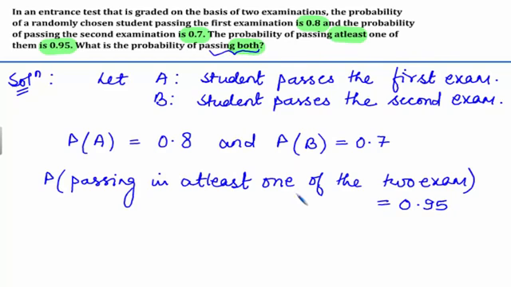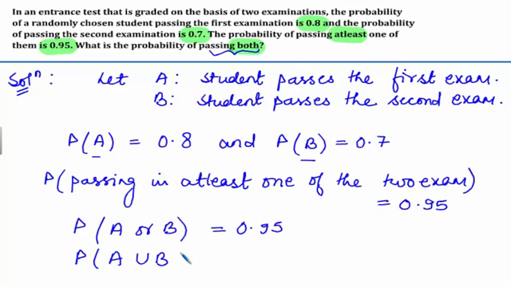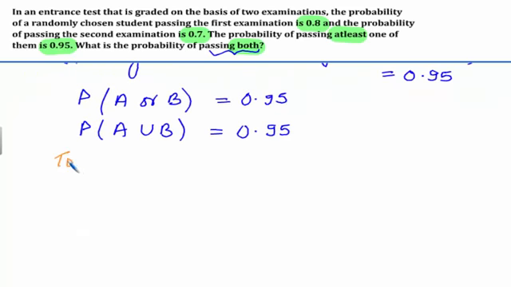Now passing in at least one of the 2 exams means he passes in A or in B. So we are given probability of A or B is equal to 0.95, or in other words we can say that we are given probability of A union B, which is equal to 0.95. We have to find the probability that he passes in both the examination, that is we have to find probability of A intersection B.